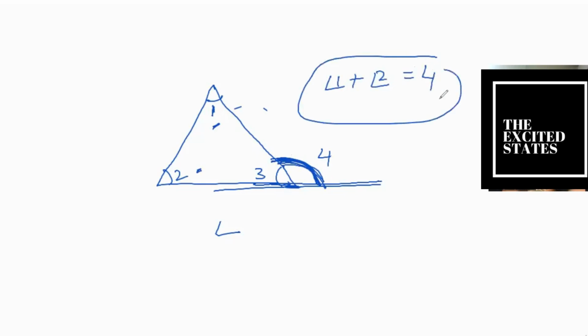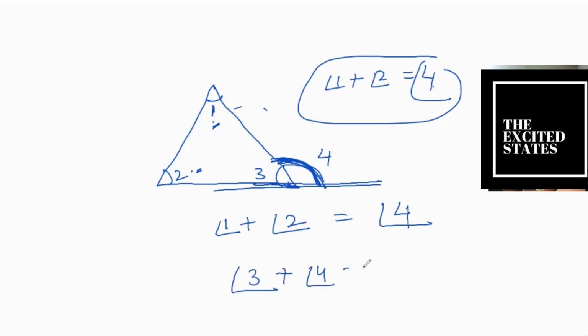Now angle 3 plus angle 4 is what? It is 180 degrees, because it is a straight line.